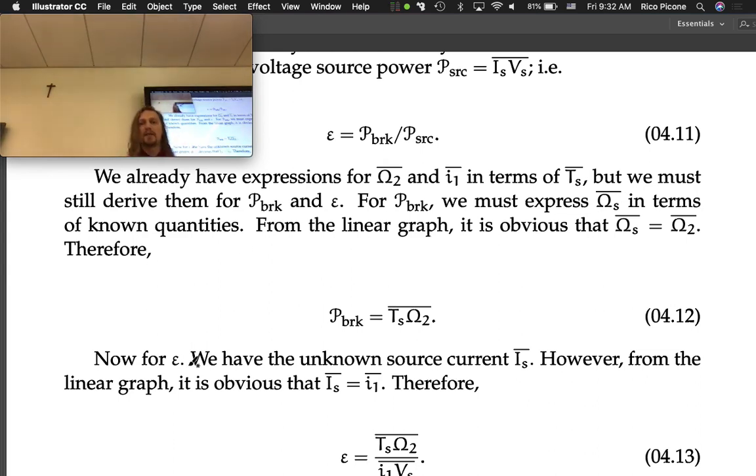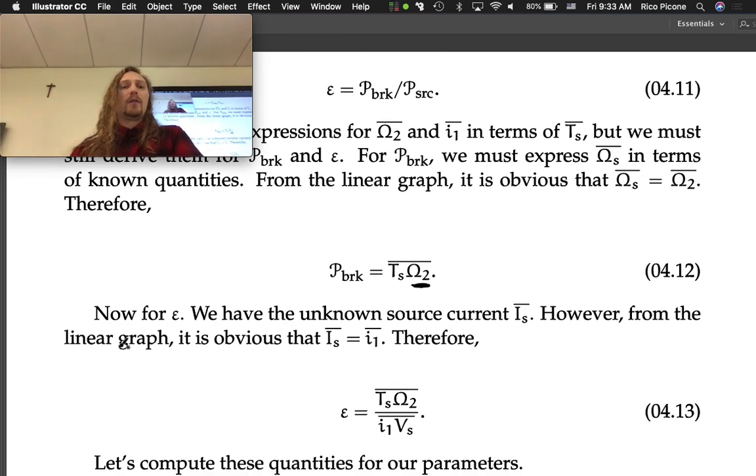From the linear graph, it is obvious that the torque source angular velocity is just the angular velocity of the output of the motor, or the shaft of the motor. Therefore, we can just write it as TS times omega 2. We already have omega 2 in terms of TS, so we're good.